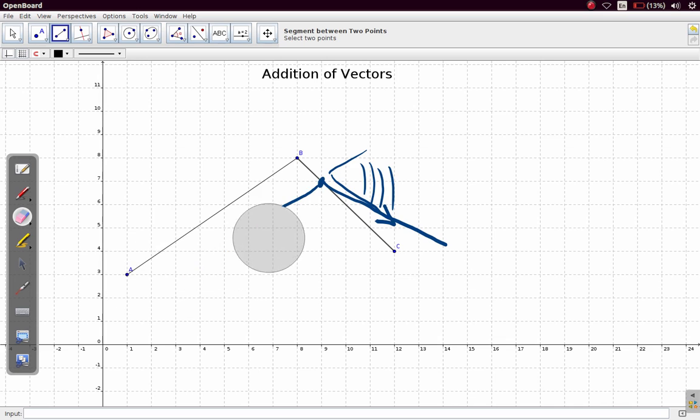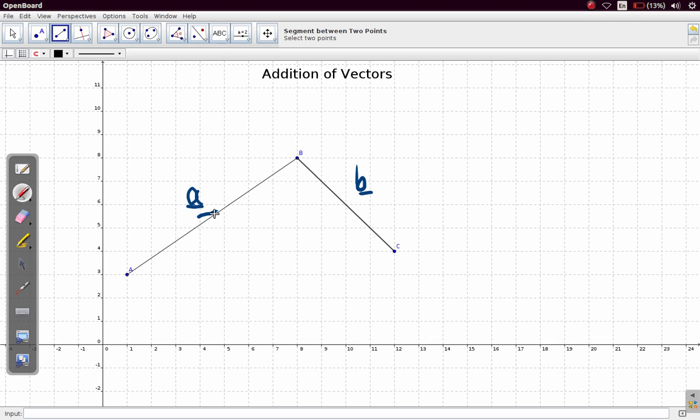Now let's just erase what I had before. Now let's call this vector A and this vector B. And imagine that A is acting in this direction and B is acting in this direction.